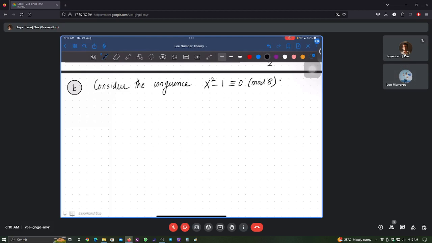Then how many solutions does it have in modulo 8? So tell how to do it.